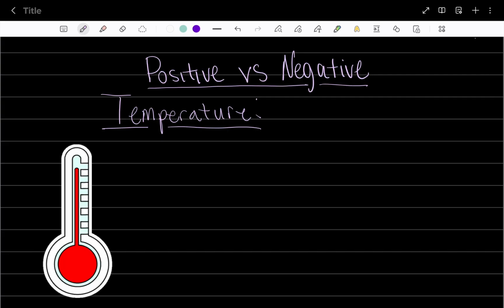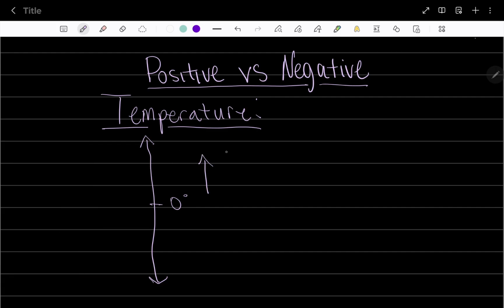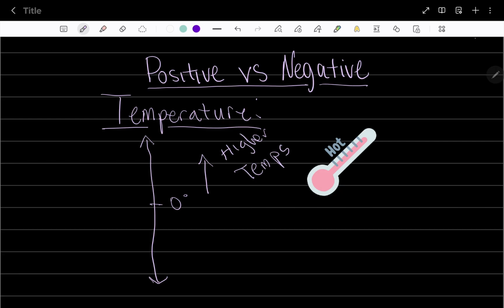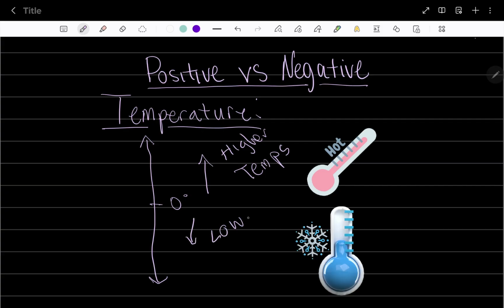And with that thermostat, you have 0 degrees, you have above, higher temperatures, below, lower temperatures, which are negative.